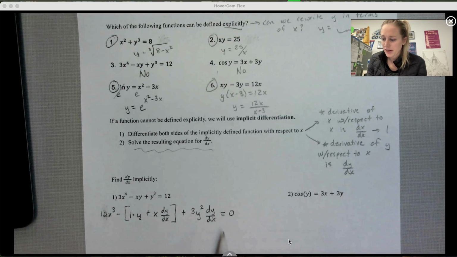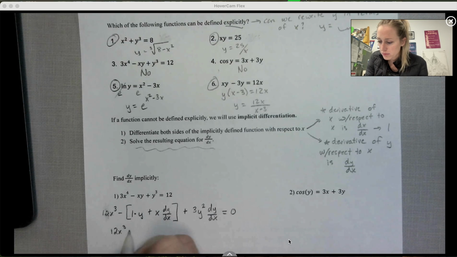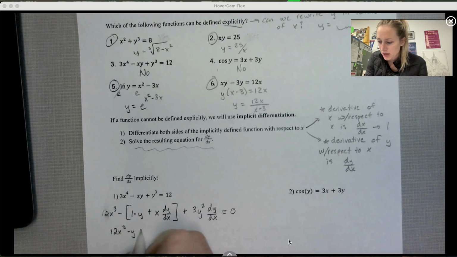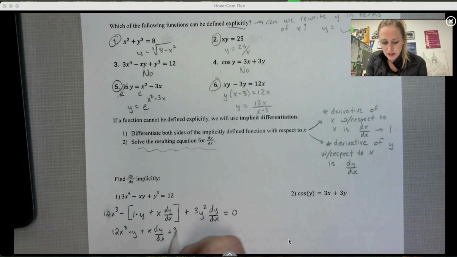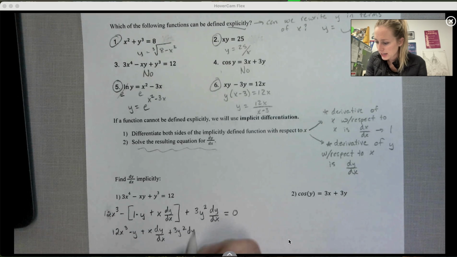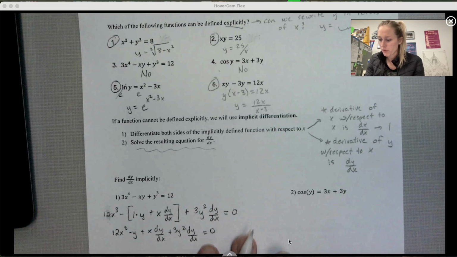So I'm going to simplify here a little bit. So we've got, let's see, 12x cubed minus y plus x dy dx plus 3y squared dy dx equals 0. Okay, so I'm going to move these two pieces over.